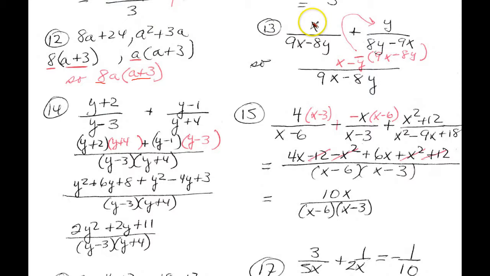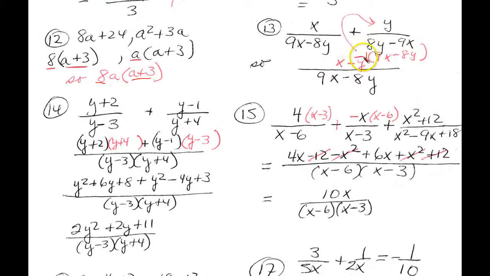All right, at number 13, again, they want us to add these. But notice on this one, the signs are reversed. Here the 8y is a negative 8y. Here the negative 9x is a positive 9x. Now a technique we have is we can factor out a -1 from this, which is what I've done right here. Factor out a -1, reverse the signs, and I also reverse their order. So now that's my denominator.